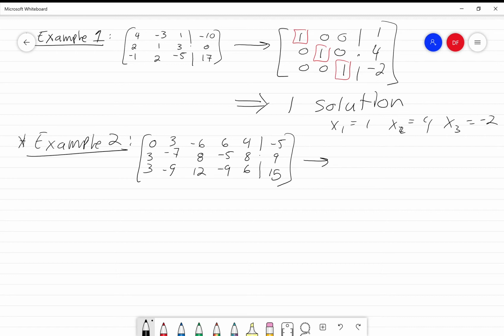And we saw when we transformed this to a reduced echelon form, we got 1, 0, 0, 0, 1, 0, -2, -2, 0, 3, 2, 0, 0, 0, 1.